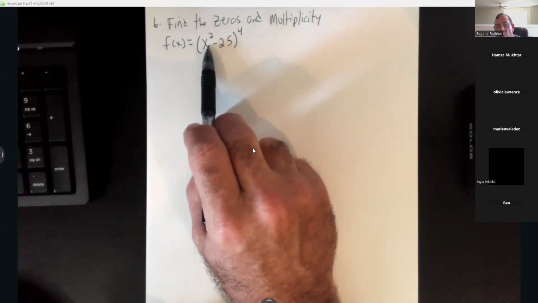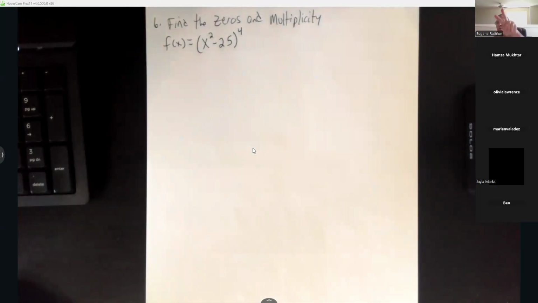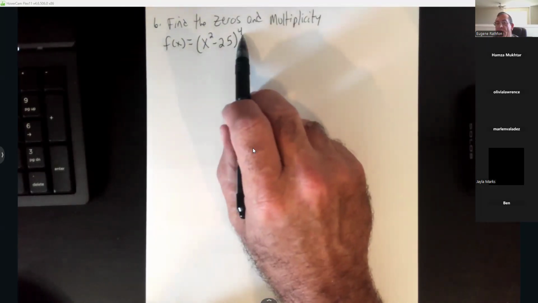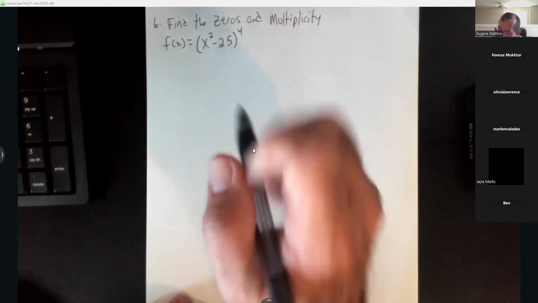Since this is the x squared in parentheses, that means I'm looking for two zeros. But they'll have the same multiplicity because there's a 4 outside those parentheses, okay?